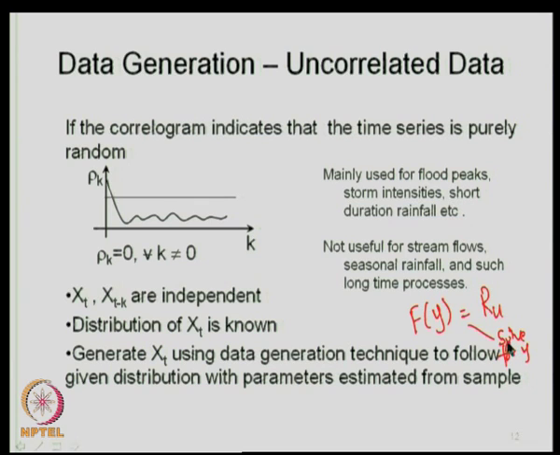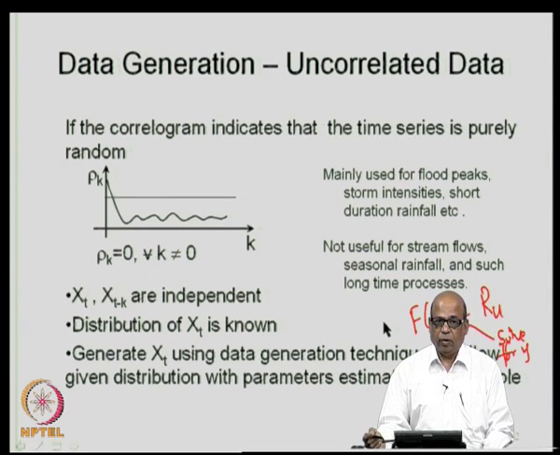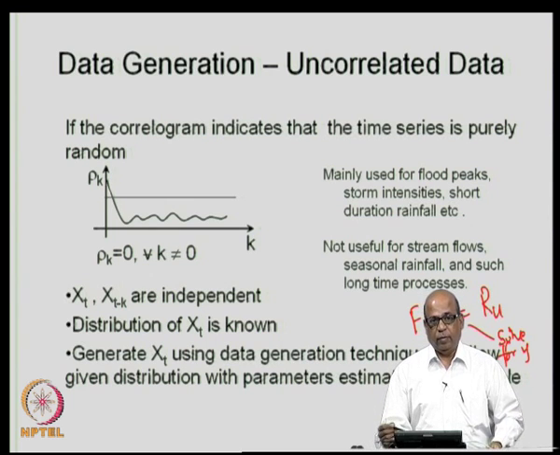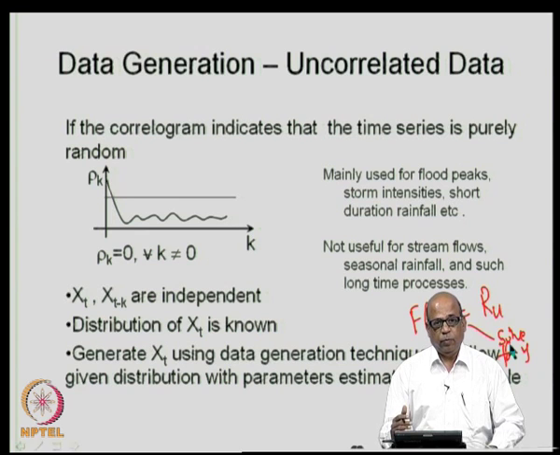For example, in the normal distribution we take the standard normal distribution and then you go to the tables which provide you the standard normal deviates, and then using that you estimate y, you generate the values of y. So, this is what we do when you are sure that the data that you have observed are all uncorrelated, that means x t and x t minus k can be assumed to be independent.